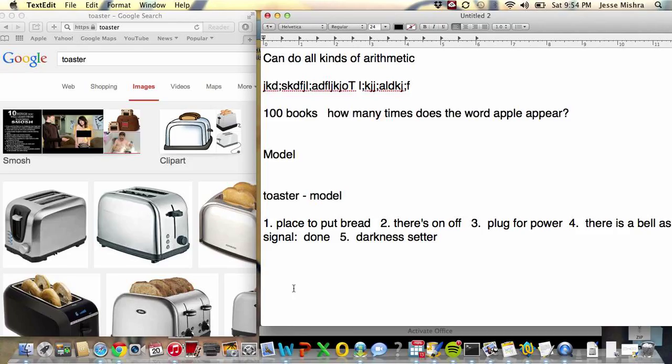Now, if the toaster had a problem, it wasn't working, you would want to take that toaster to somebody, maybe a repair person, and that repair person would understand these 5 things and know this model, but they would also have a bigger model because they would understand inside this box how the heat is generated from the electric.